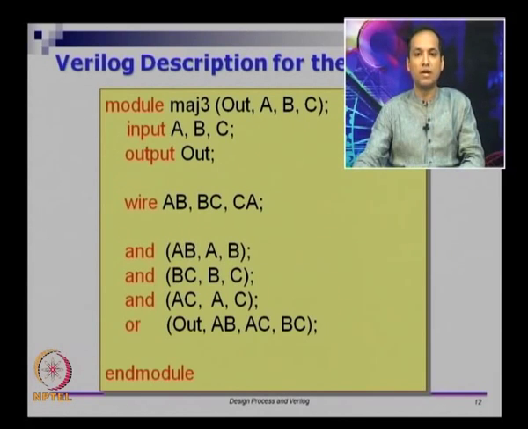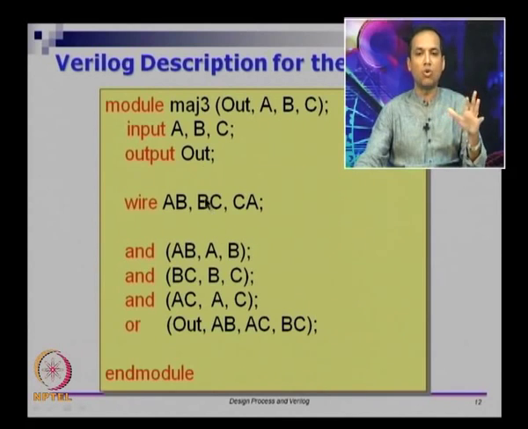So you can see that by looking at this, you can actually go and draw a circuit. If I gave you a Verilog description without telling you what the circuit is, everything that you need to get a circuit is there. If I gave you only this, you can see that I am designing a black box which has 1 output and 3 inputs. In this black box, the 3 inputs are called A, B, C and the output is called out.